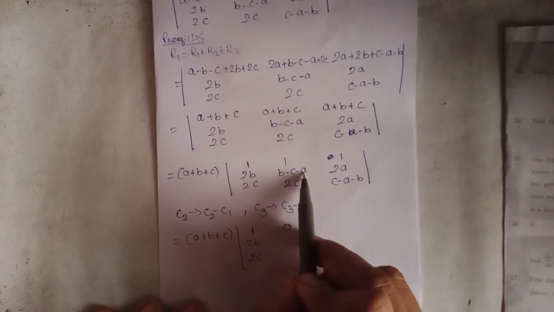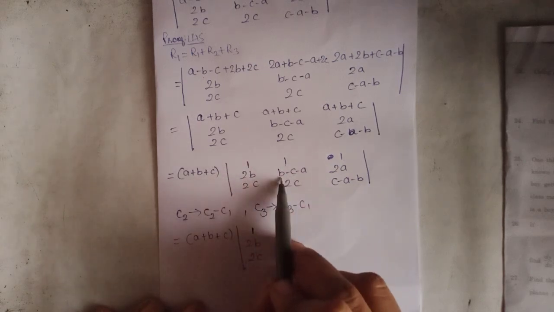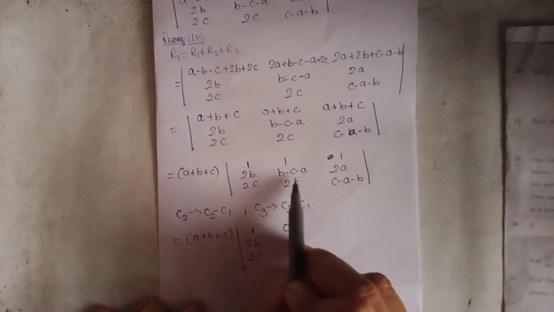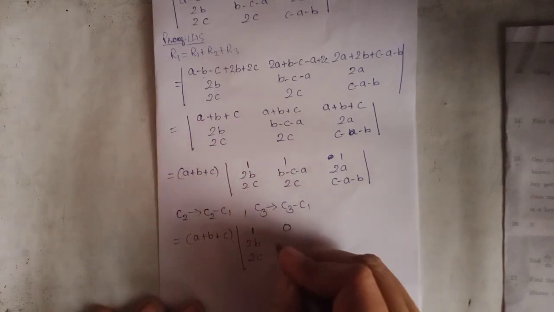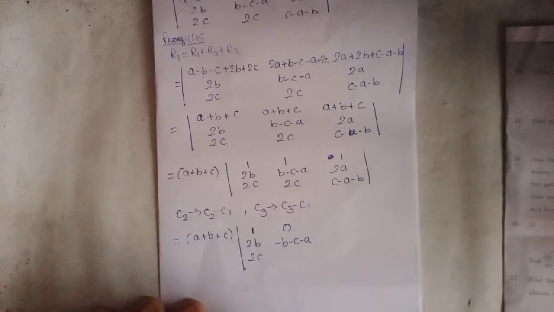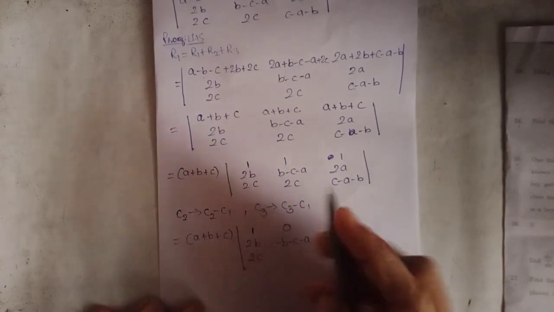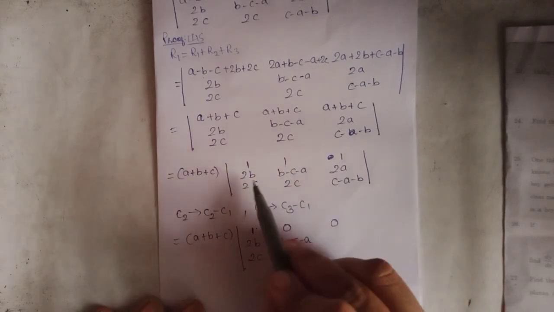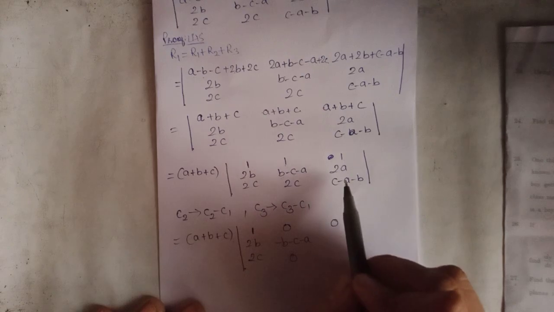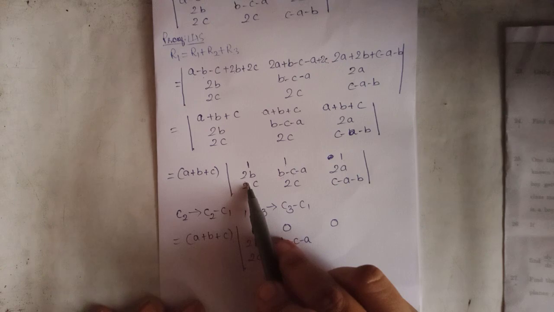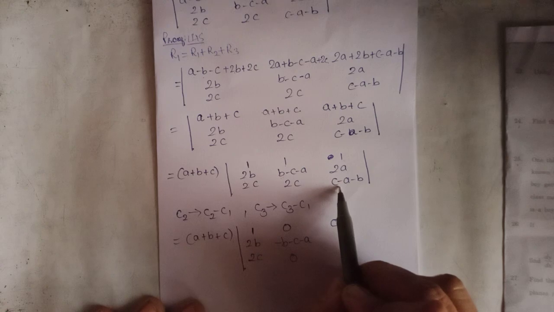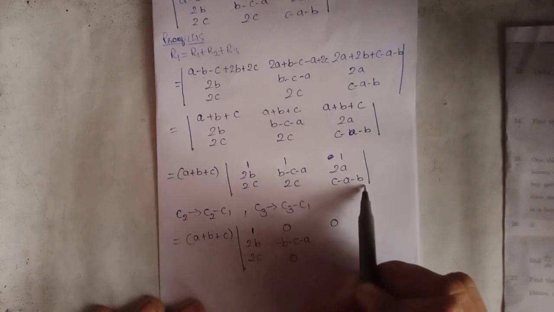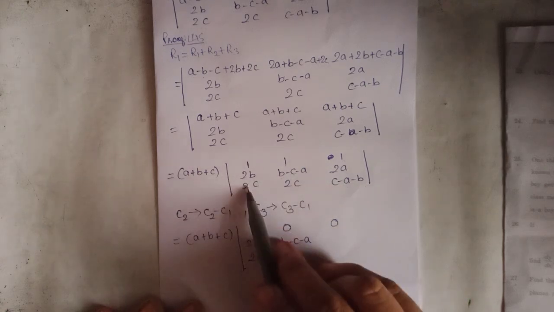b minus c minus a minus 2b will be minus b minus c minus a, right? Then 2c minus 2c is 0. 1 minus 1 is 0. 2a minus 2b. And this is c minus a minus b minus 2c.